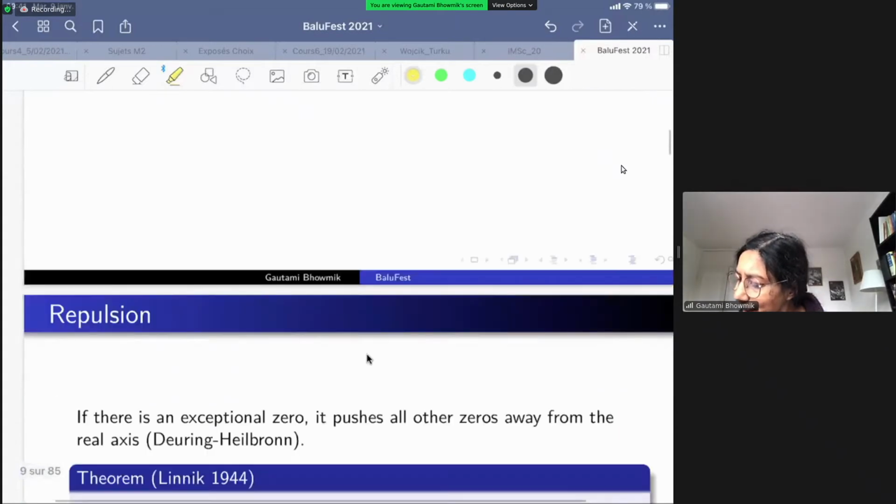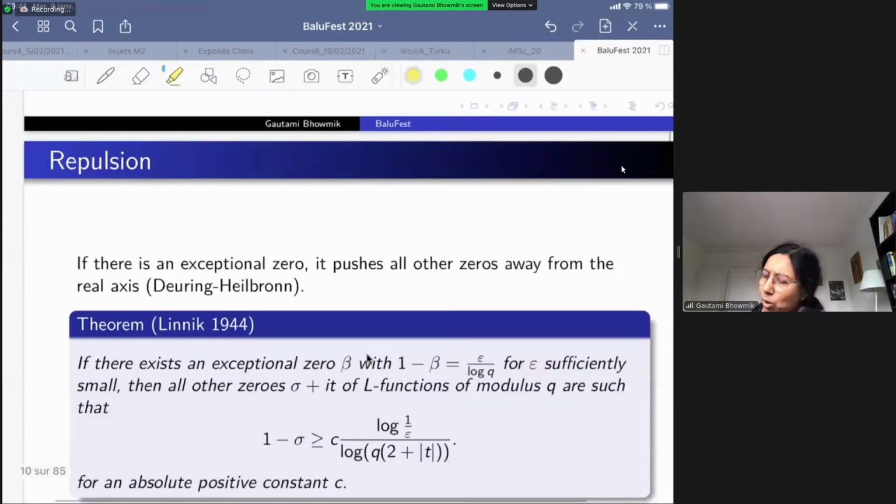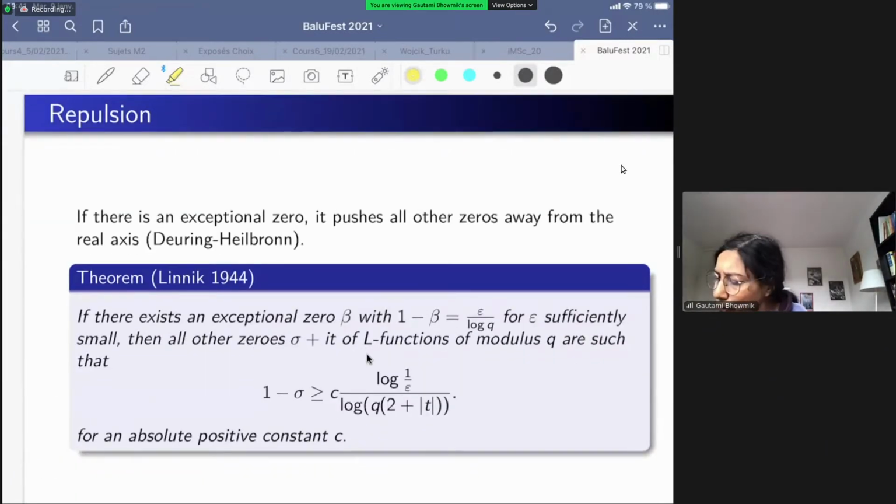I'm giving it to you in the form of the way Linnik stated it in 1944, because it could also be stated in the original form, but that's slightly more complicated.